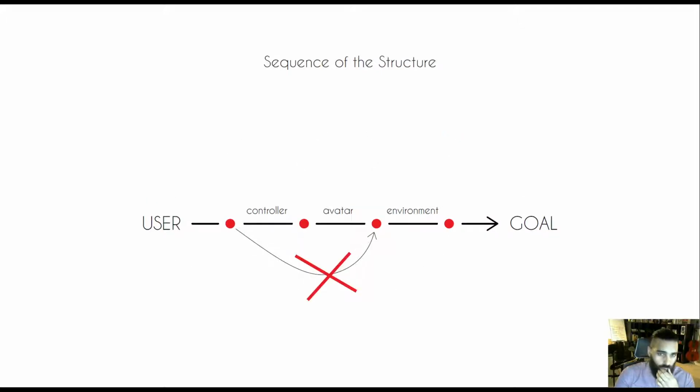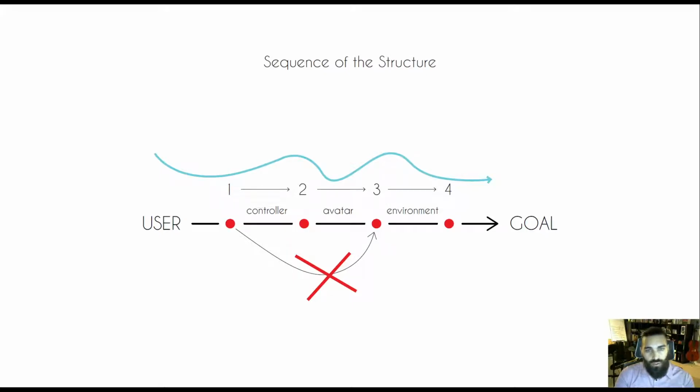But then also we have a sequence in the structure where, for the game experience to be navigated successfully, there has to be a specific order that is followed. For example, a player cannot really cognitively understand how to interact the avatar with the environment until they have understood how to interact successfully with the controller.